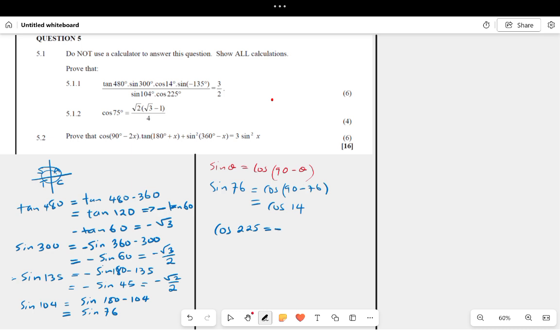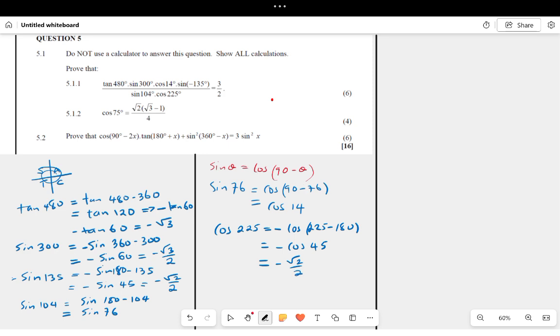To find an angle less than 90 degrees, it's going to be negative cosine of 225 minus 180, which is equal to negative cosine 45. The answer for this is equal to negative the square root of 2 over 2.